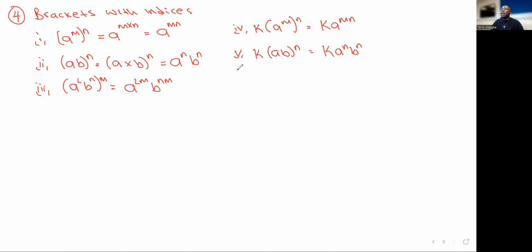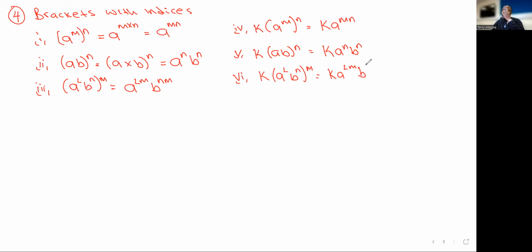Is that okay? And the last one, the same thing if you have a constant with this as well. You solve it as normal as we've solved it before, but the only thing is that the constant is going to multiply all of them together.